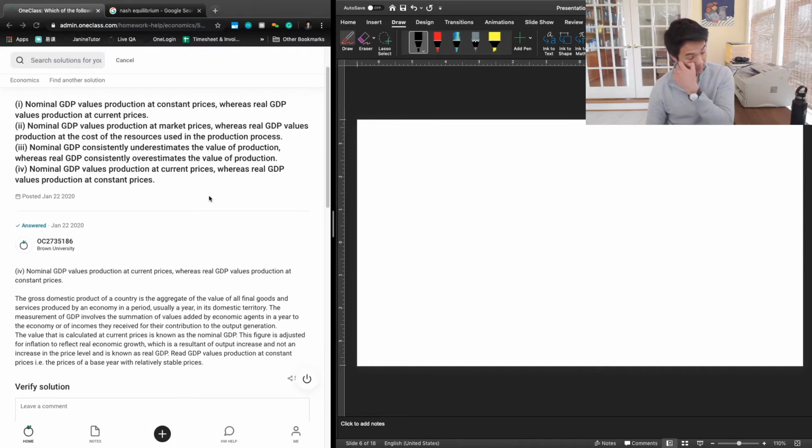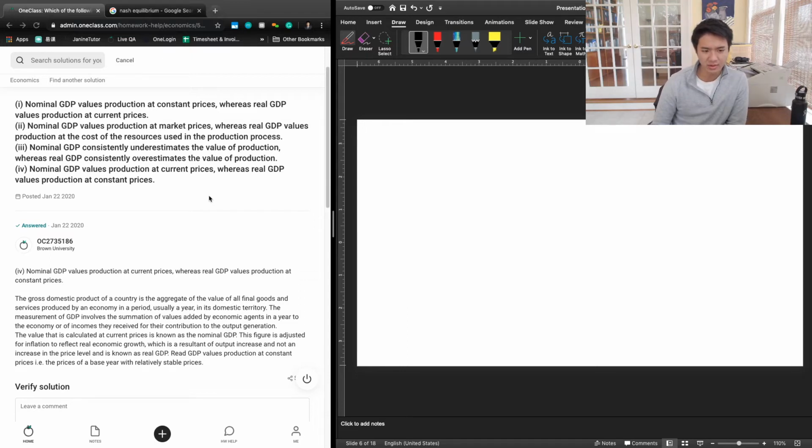So let's take a look at the previous tutor's answer. So they said 4 as well. Nominal GDP values production at current prices, whereas real GDP values production at constant prices. And they say that the GDP of a country is the aggregate of the value of all final goods and services produced by an economy in a period, usually a year, in its domestic territory. Measurement of GDP involves a summation of values added by economic agents in a year to the economy or of incomes they received for a contribution to the output generation.